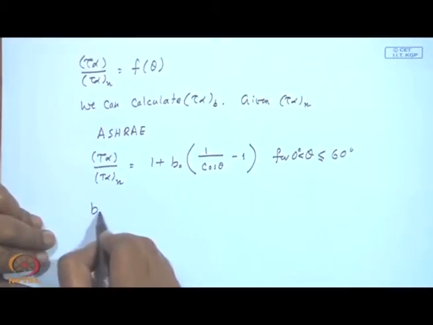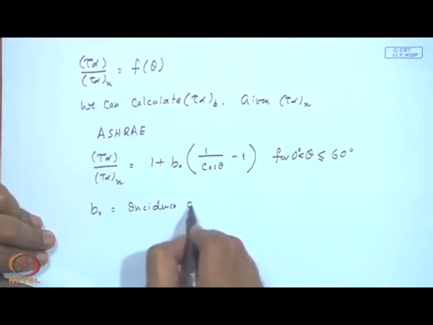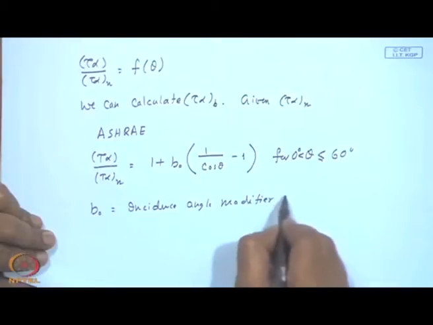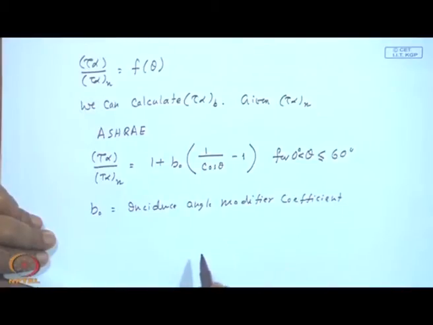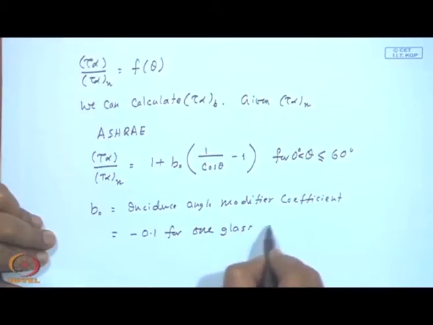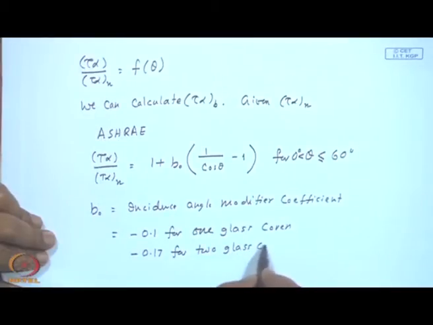And this b_0 is called the incidence angle modifier coefficient, which is about minus 0.1 for one glass cover and about minus 0.17 for two glass covers.